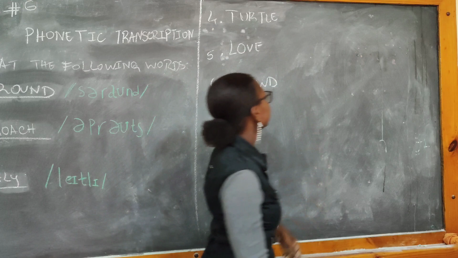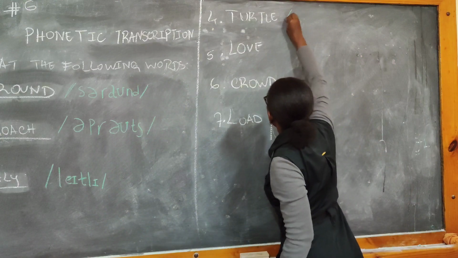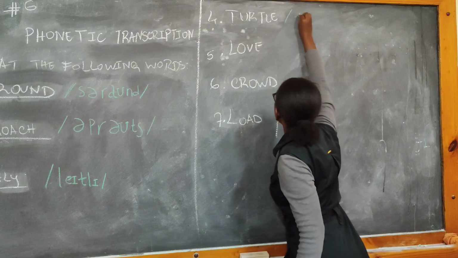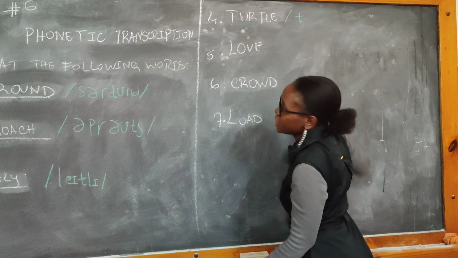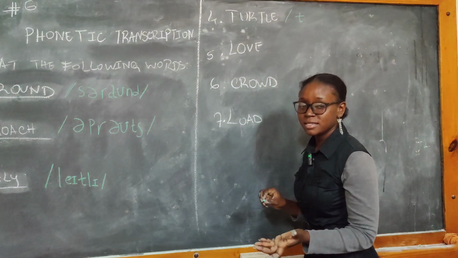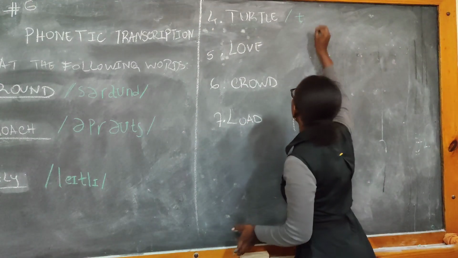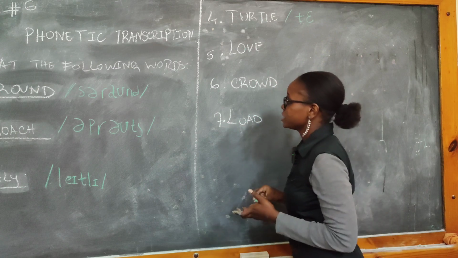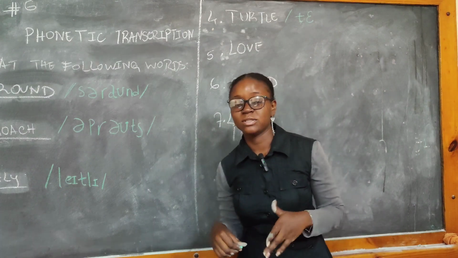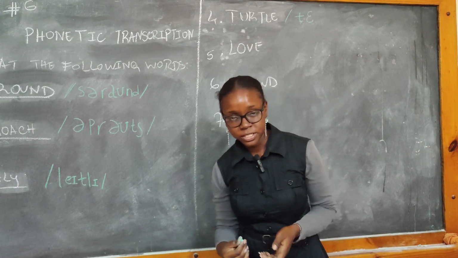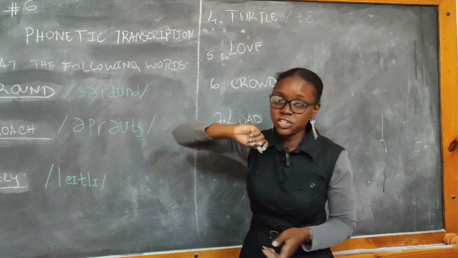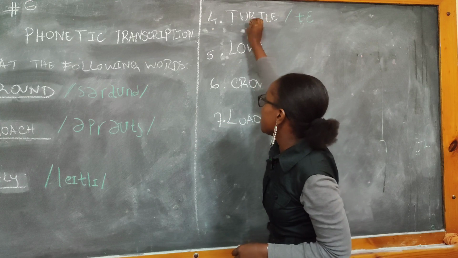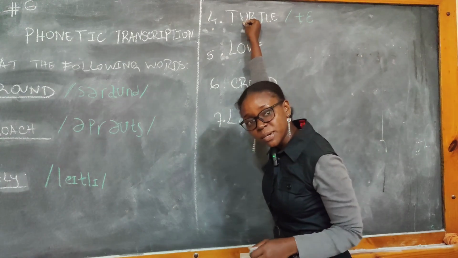So let's start transcribing. First the slash, and then the first sound that we find is T, turtle. So what comes next? The long vowel, turtle. And something interesting that you may not know about English pronunciation is that when an R sound comes after a vowel sound, it becomes mute.